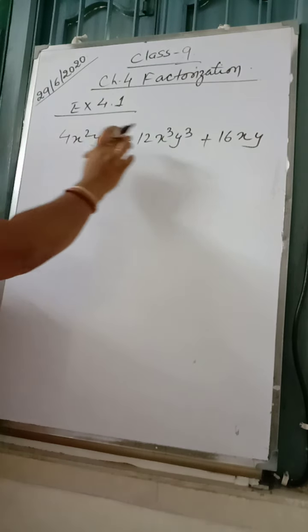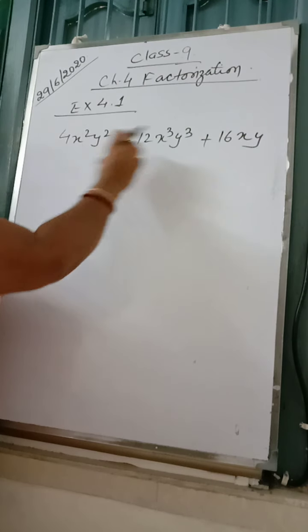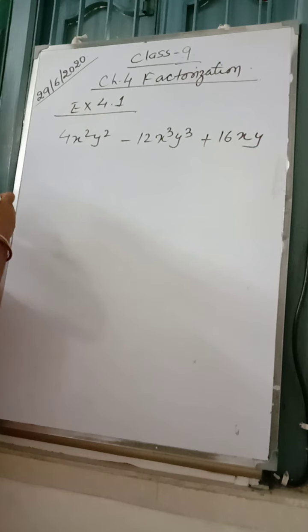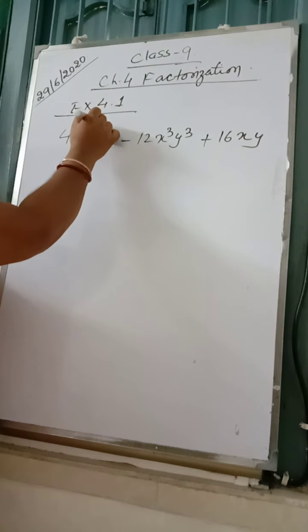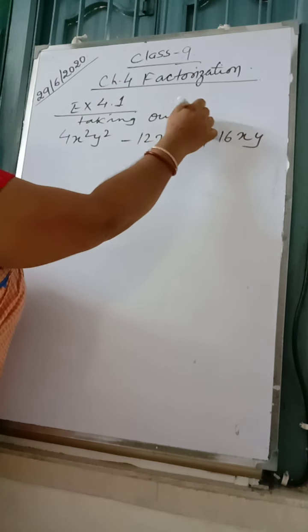Now we have 1, 2 and 3 terms. These 3 terms together form an expression. Now we have to take common factors out. Taking out common factors is the first operation.